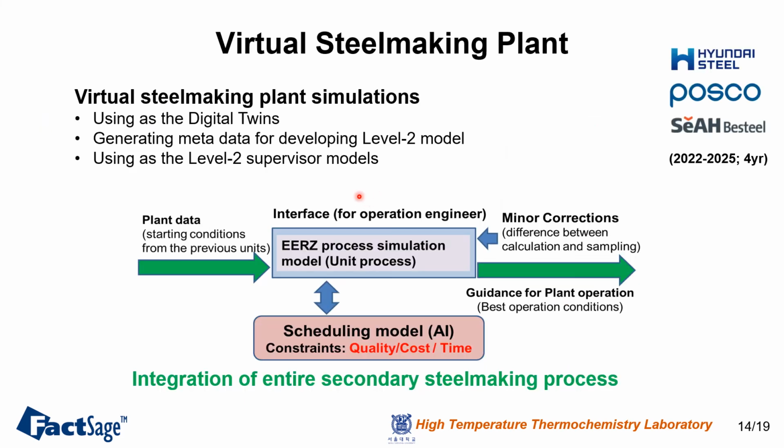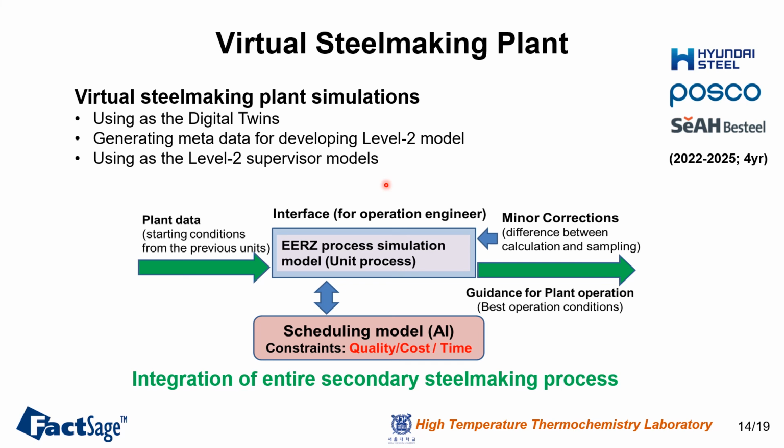We are actually pushing our current process model to the next level. As we use ChemApp, the calculation speed is faster than the real operation, so we want to make this process simulation model a scheduling model for the plant.